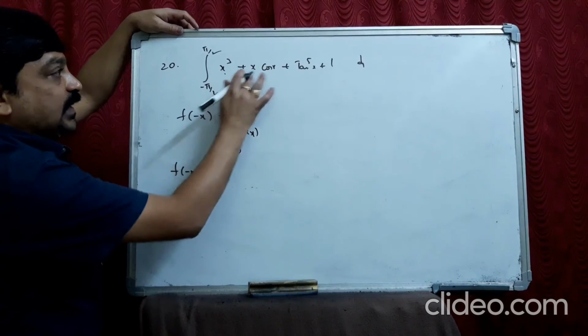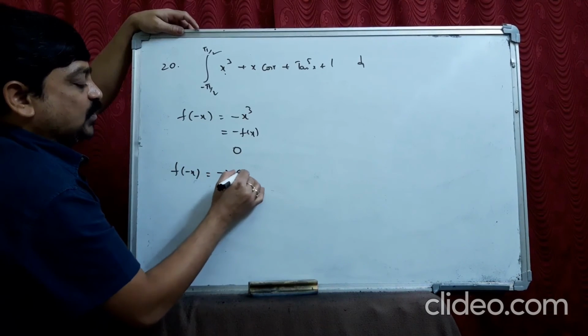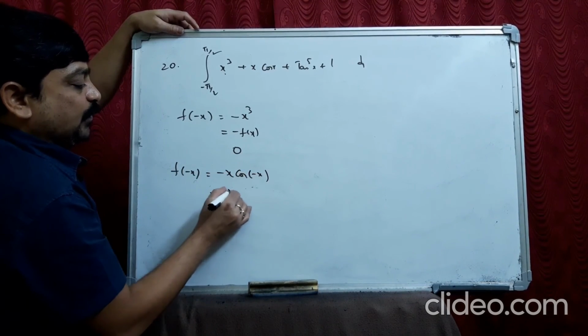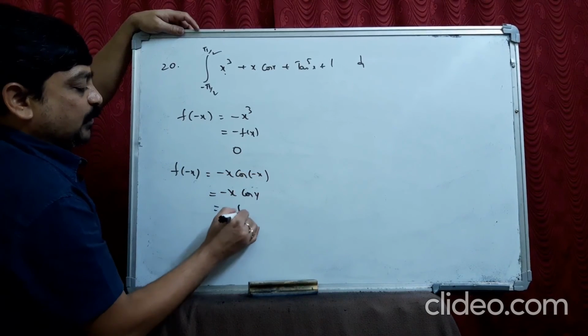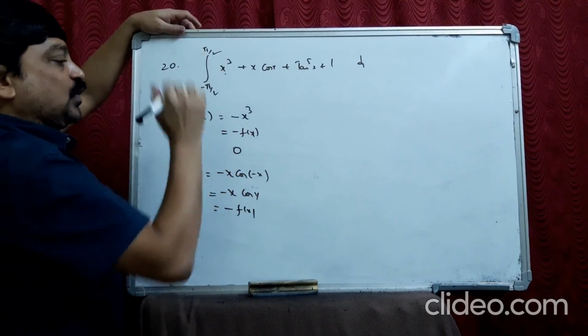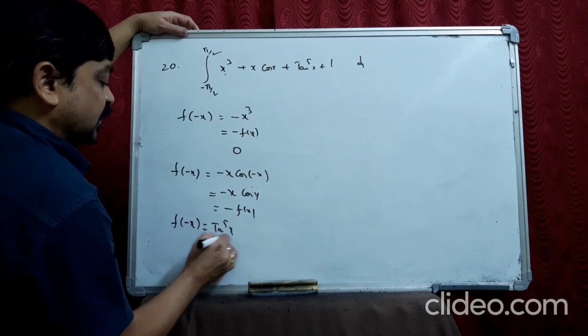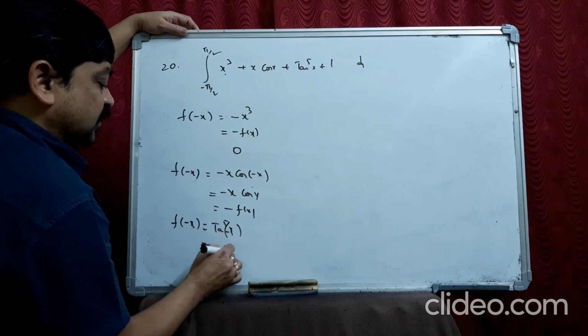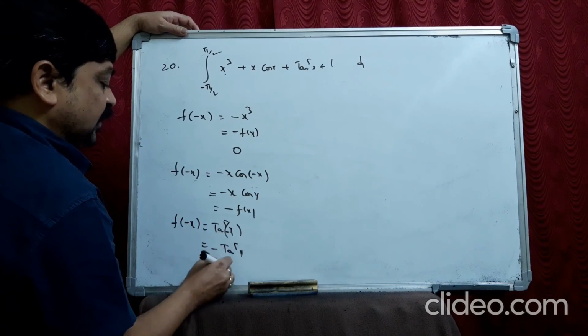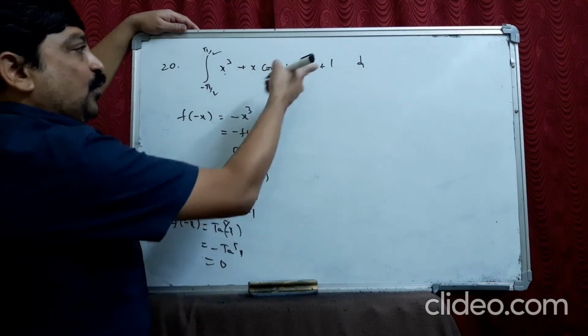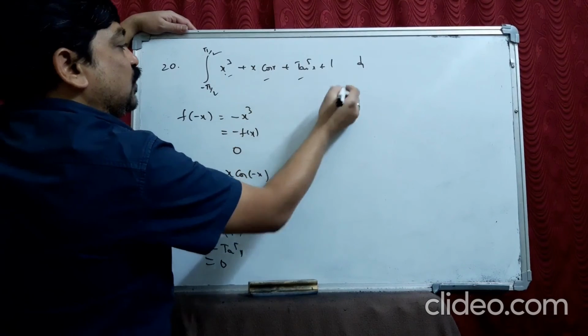For the second one, minus x cos of minus x, minus x cos x, minus fx, this is also 0. If I substitute minus x for tan power 5x, tan power 5 of minus x, minus tan power 5x, this also becomes 0.